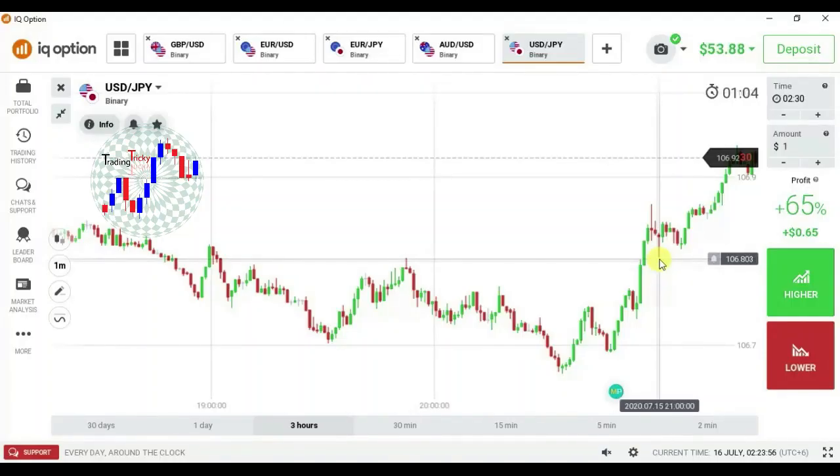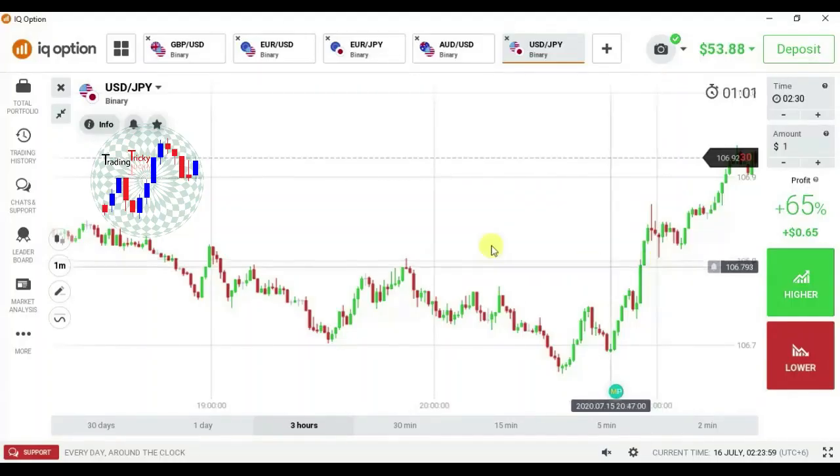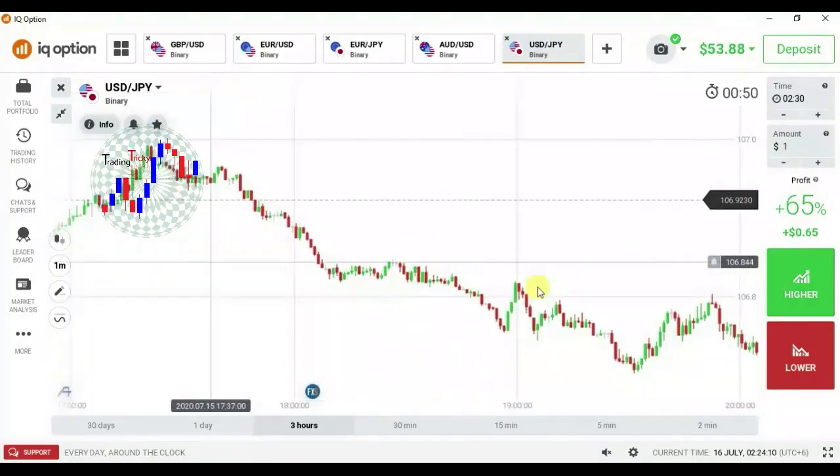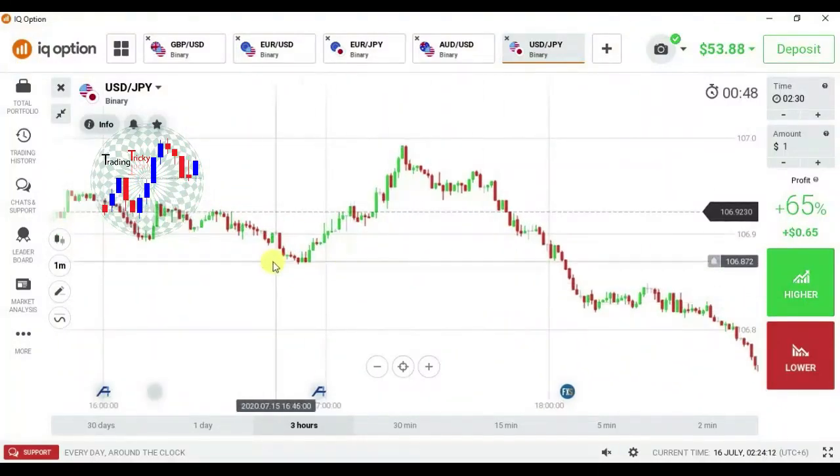But again, remember, this is an auto support, but it's not all the time. You should understand candlestick psychology, then you can use this round number properly, otherwise you can't use this.